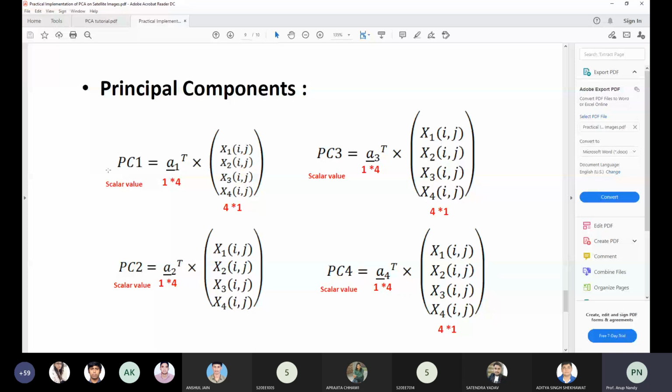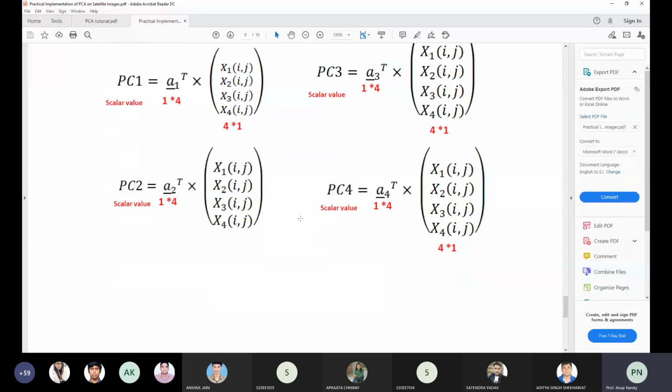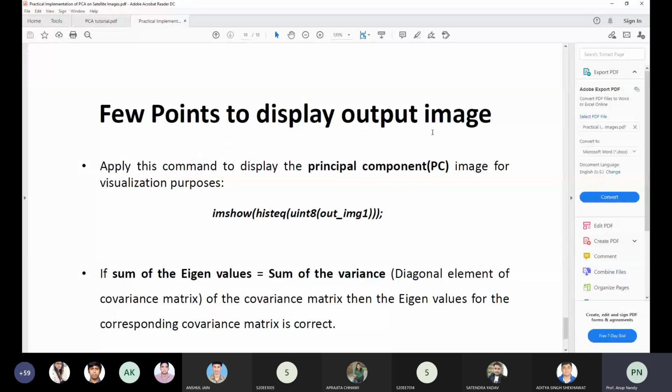Then PC1 is an image, PC2 is also an image, then PC3 and PC4. Now a few points to display the output image. Apply this command to display the principal component image for visualization purposes. You have to use this formula: imshow, histogram equalization, histeq. I think this function is also there in Python.